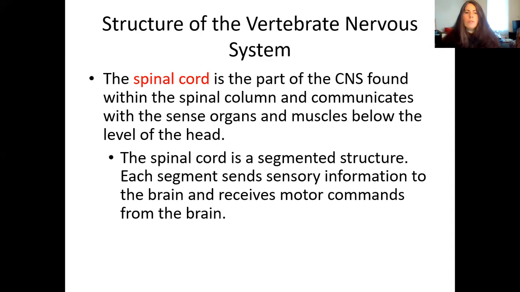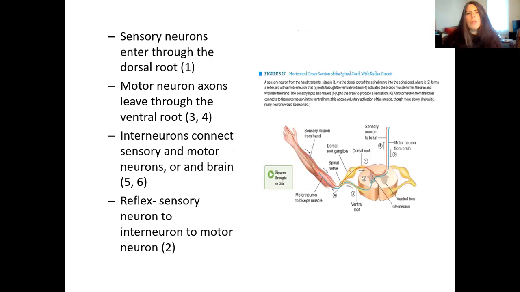So if there is a severing at that segment, the brain cannot receive information that's coming in from the environment, from the sense organs that are below that area. So again, the spinal cord communicates with the sense organs and the muscles below the level of the head.